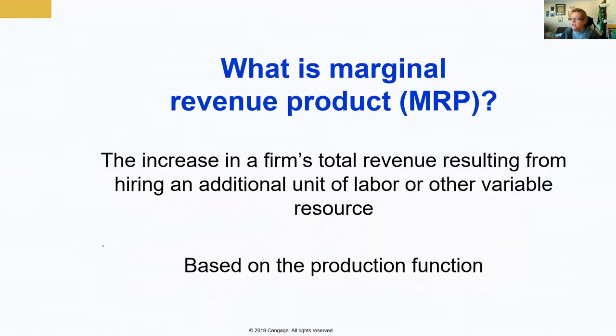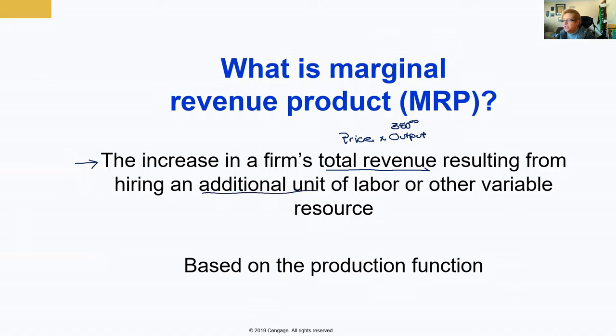So the marginal revenue product, what is it? Here's our definition. The increase in the firm's total revenue, and total revenue is whatever our price is that we can get in the market for our product, times the quantity or output. And you saw that in the 350 in the previous slide, resulting from hiring an additional unit.